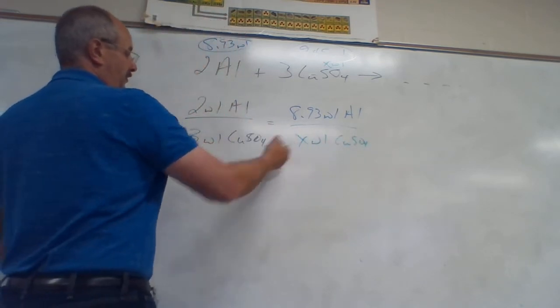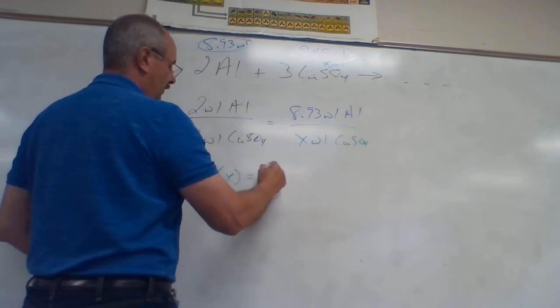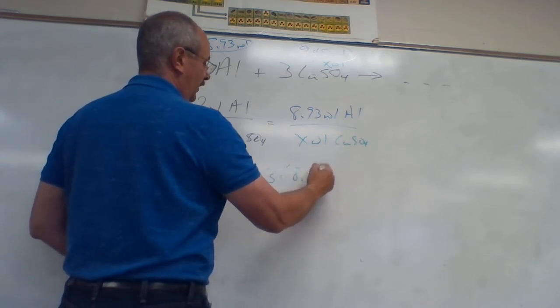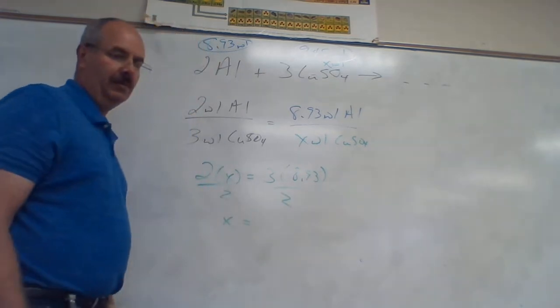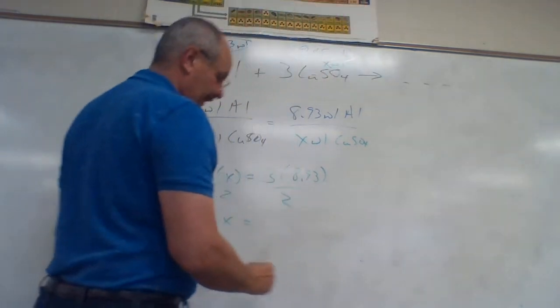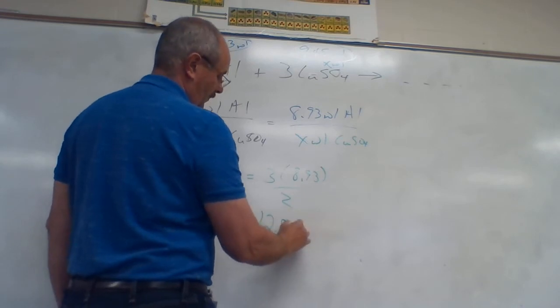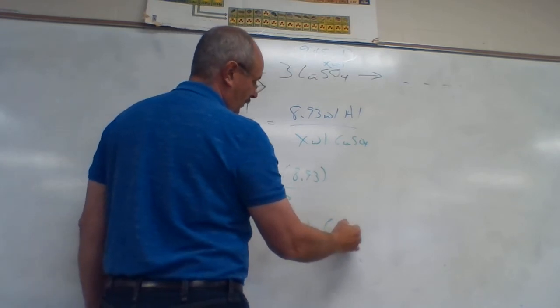So let's cross multiply 2 times X equals 3 times 8.93. Divide by 2. Divide by 2. X ends up equaling 12.8. And that's moles of copper sulfate.